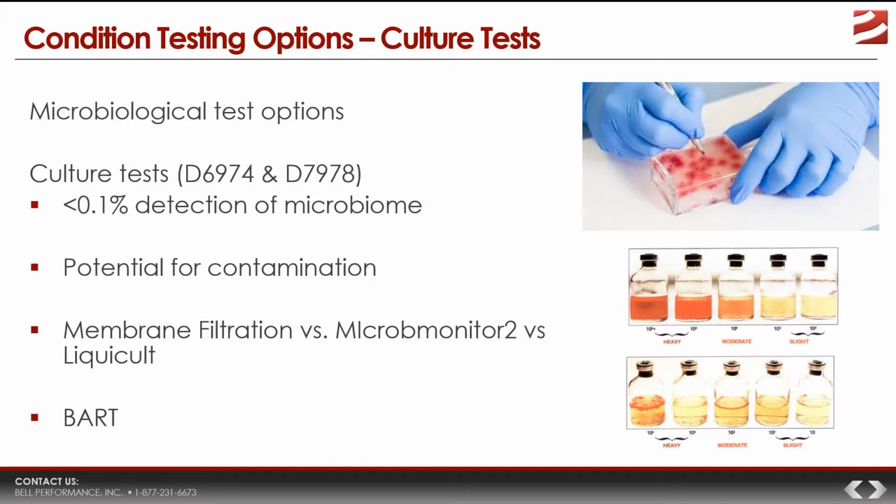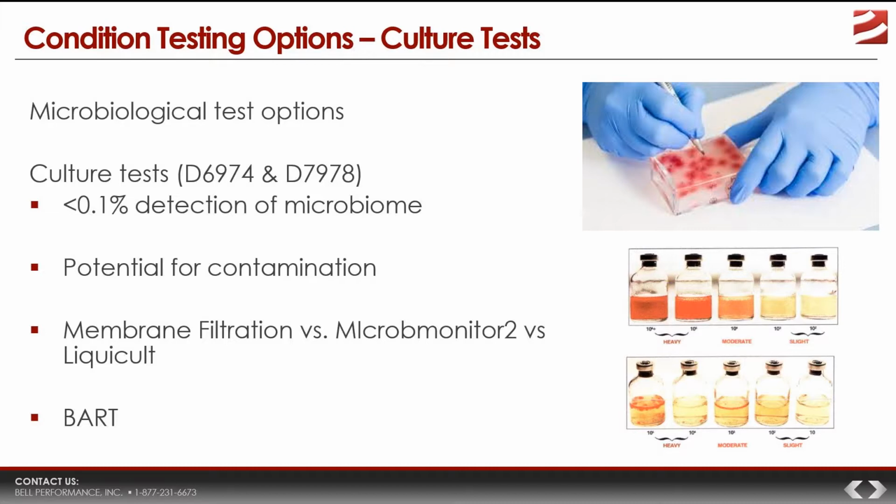It's a culture medium, and so you inoculate it with a sample of fuel or whatever, and you leave it, and it actually grows microbes, and you can see colonies that show up, and you can count the number of colonies. Then you can compare to an interpretation chart, and it allows you to do somewhat of a quantitative estimate for the number of microbes.